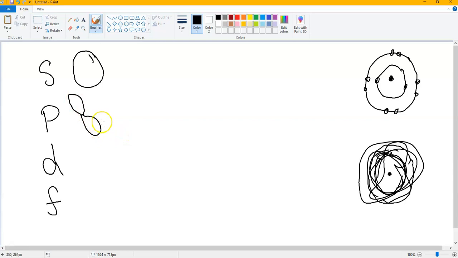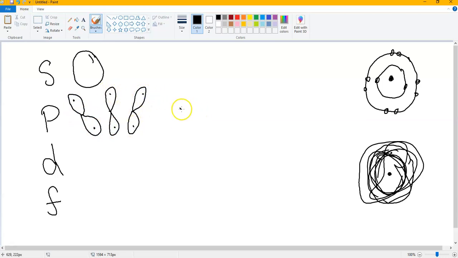The next orbital that we have is called the p orbital, and it looks like a dumbbell. It has 2 sides, and there are 3 of them, and they face in different directions in space, okay? So one's on the x-axis, one's on the y-axis, and one's on the z-axis. And each p orbital can hold 1 electron in each dumbbell.